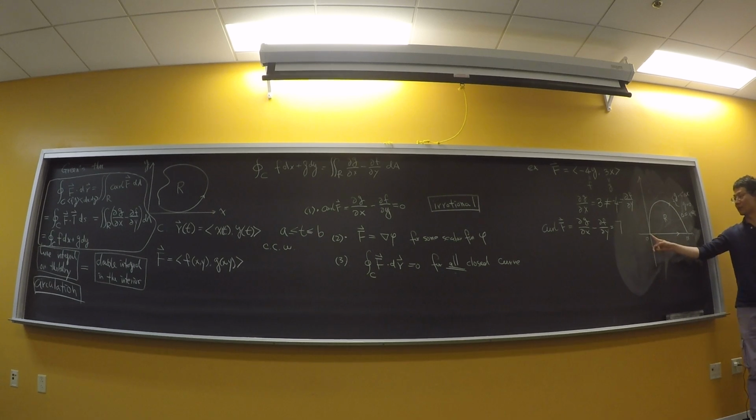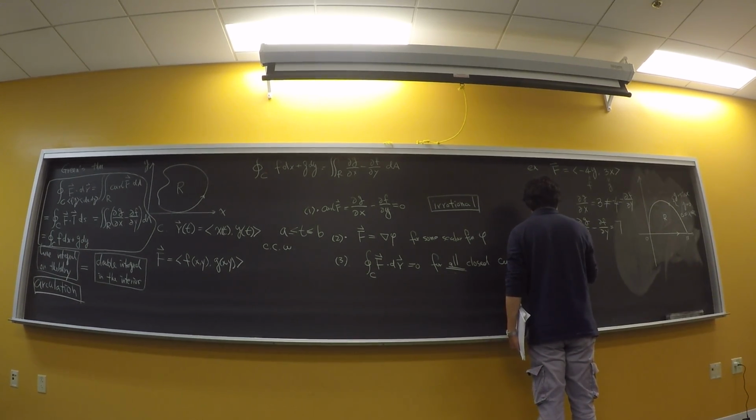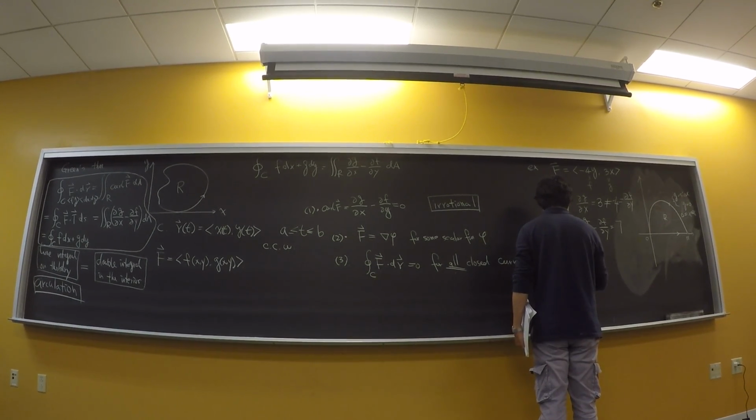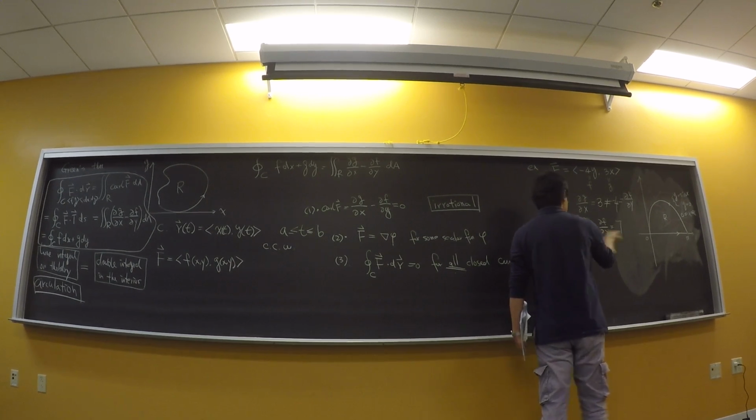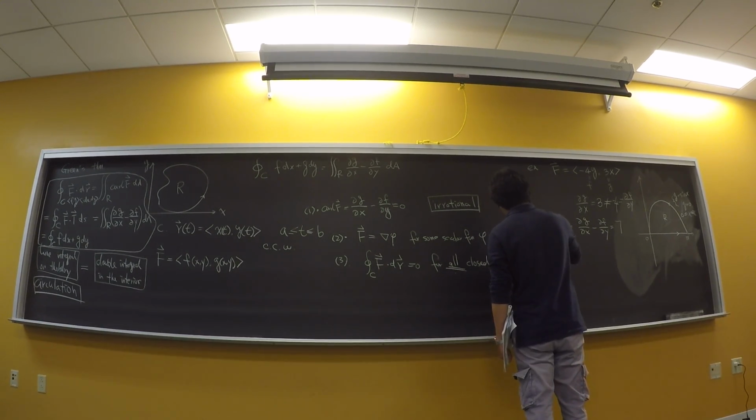x goes from 0 to pi, y goes from 0 to sine of x, right? So the double integral in the interior is just from 0 to pi, from 0 to sine x, because this region is a y simple region.